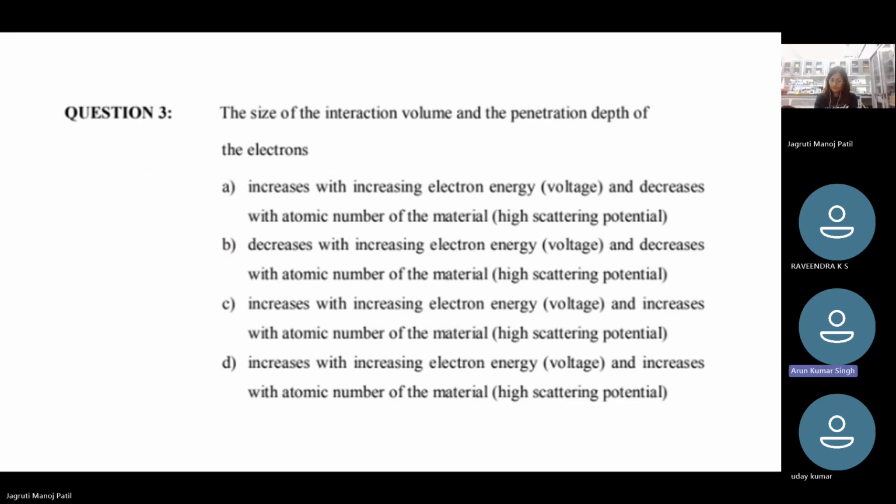The interaction volume will increase if the electron has more energy, so it will be able to travel deeper. Whereas the penetration depth will decrease for a high atomic number, which has a high scattering potential. So with the atomic number of the material, the penetration depth will also decrease.